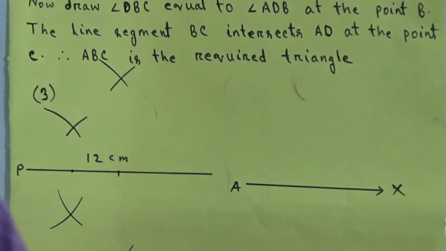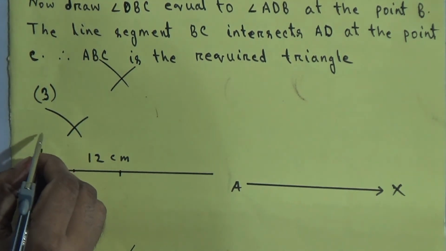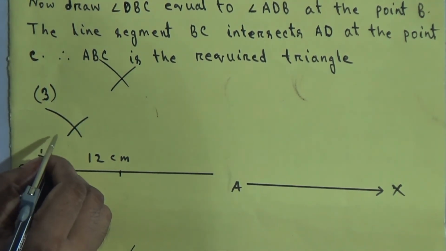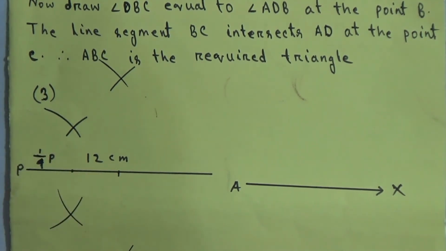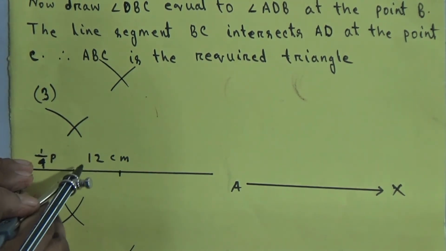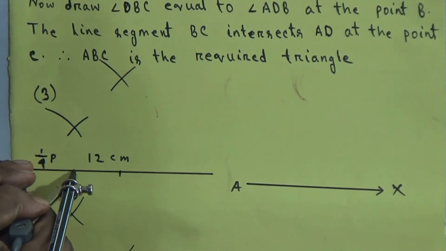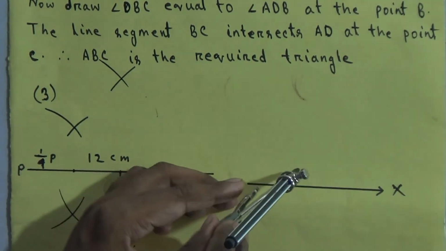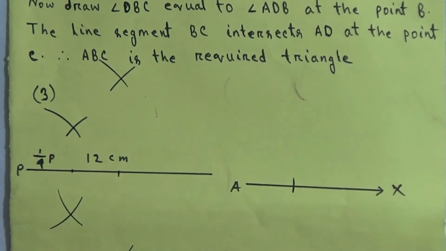Now taking the radius of 1/4 of P, this is 1/4 of P. Now we will take the radius of 1/4 of P. We will cut a line segment from AX and its name will be AB.